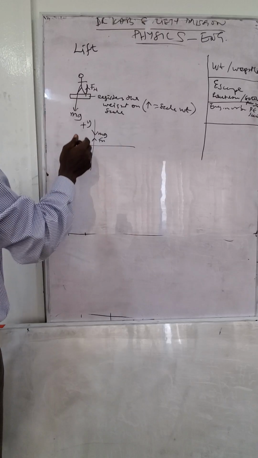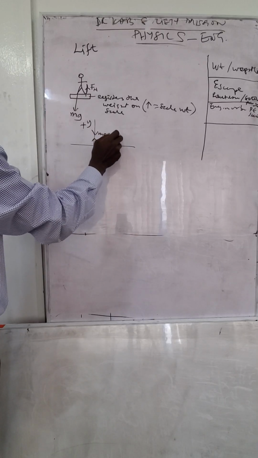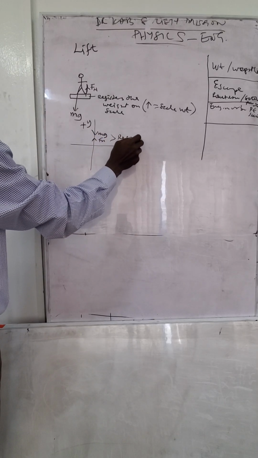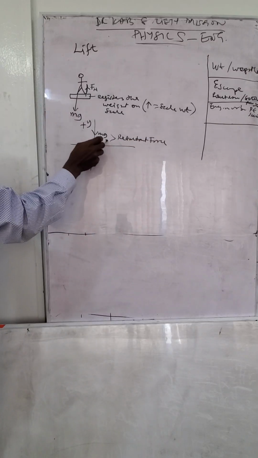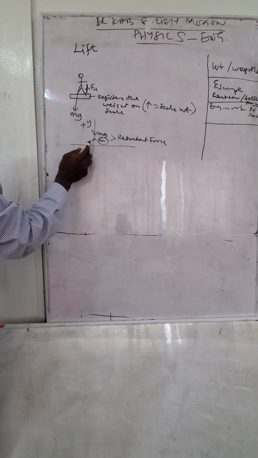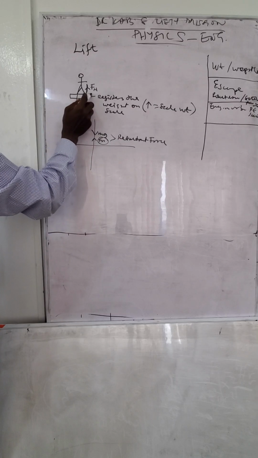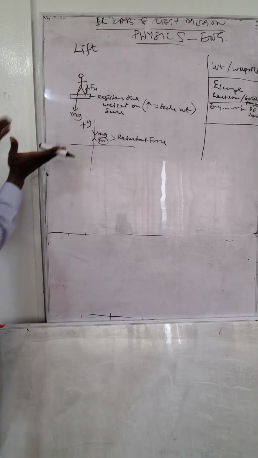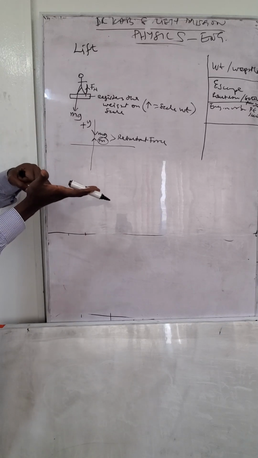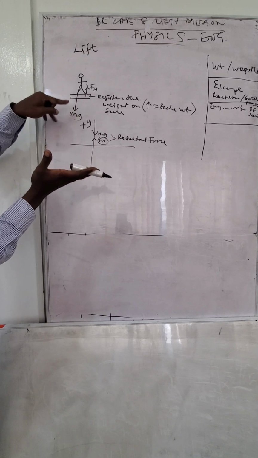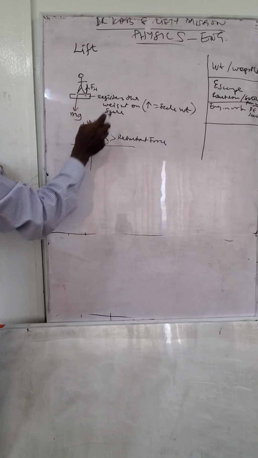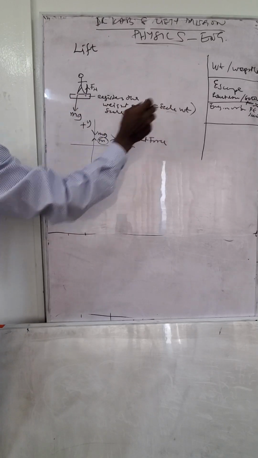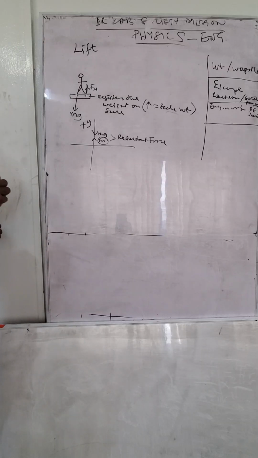From these two, we're going to have a resultant force. But remember that it is the normal, the reaction of the lift against your soles, that registers on the scale as your weight. That is the concept I want you to take.